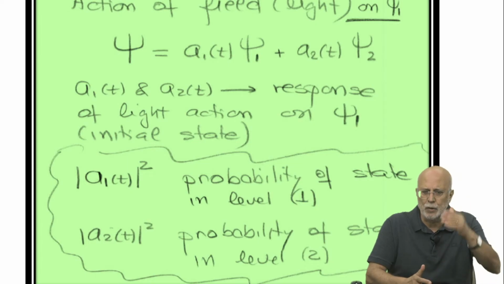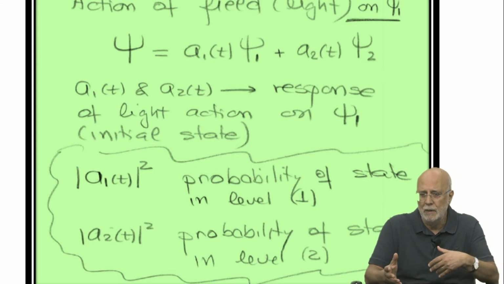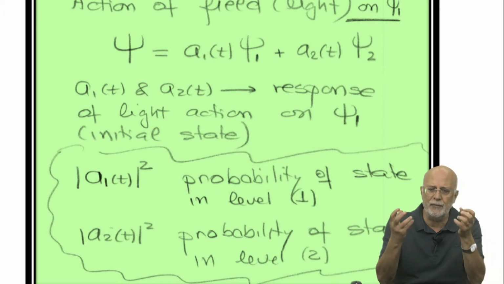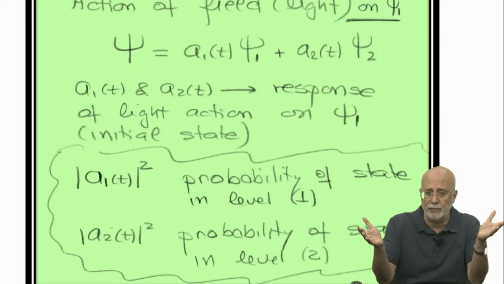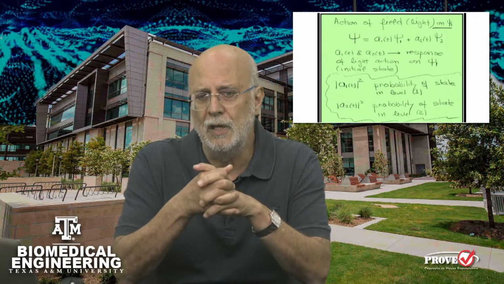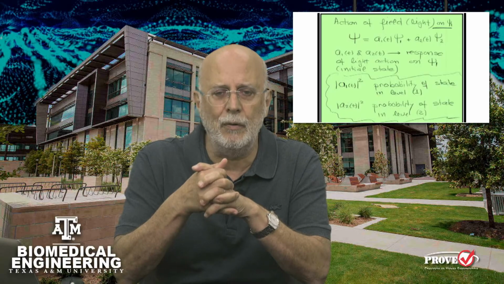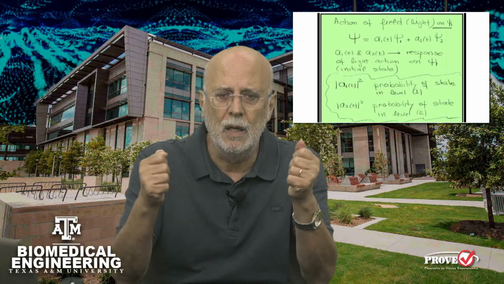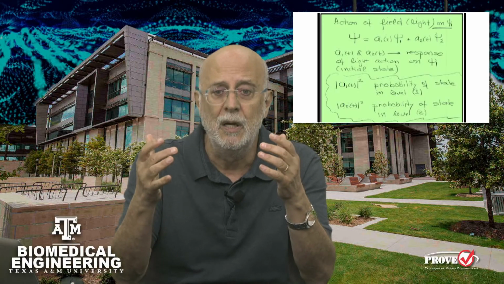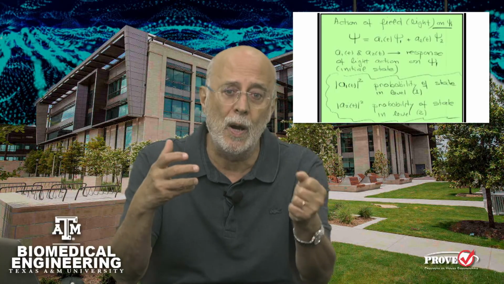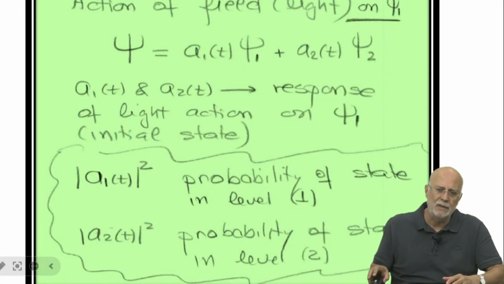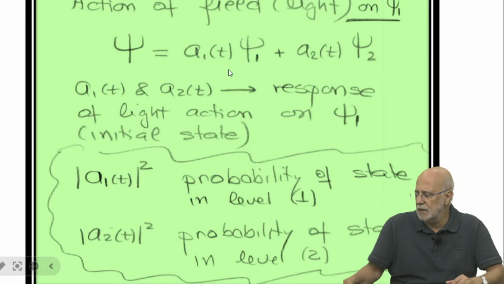It can be 1 or 2, or a sum of them, a superposition of them. But the sum of the probabilities to be in one and the other has to be 1, because it has to be in one of those. Those are the two solutions. That's everything nature allows your system to be in: one or the two. Or in a superposition, but a superposition is just the probability of being 1 and 2. So that's the concept that changes when we treat the light-matter interaction at this level.